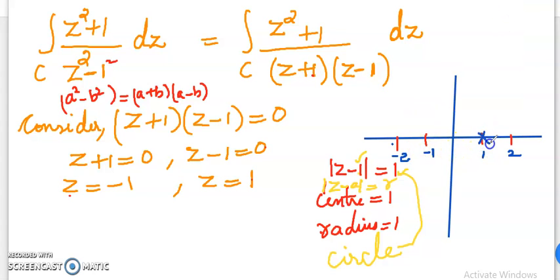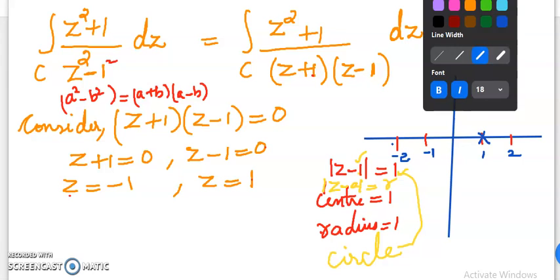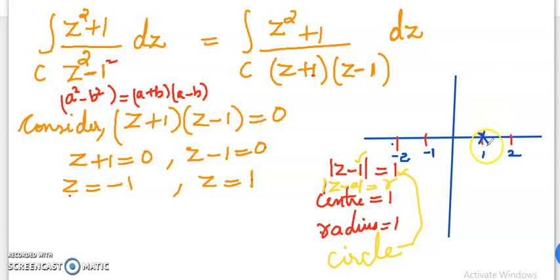Let me draw the circle here with center 1. So this is our center point. Center is 1, radius is 1. Radius 1 means you can have 1 unit this side, that is 2, it should touch 2. You can have 1 unit this side, it should touch the point 0. This is the 0 point.